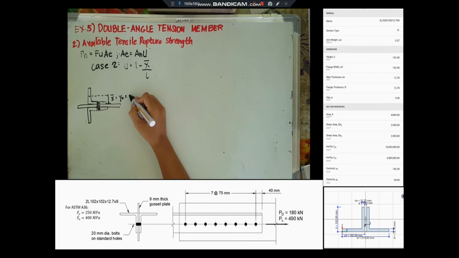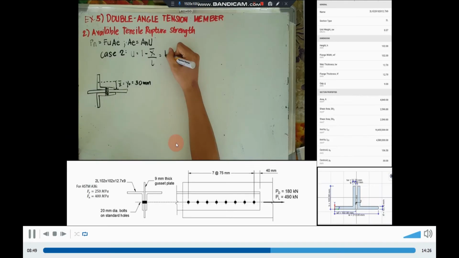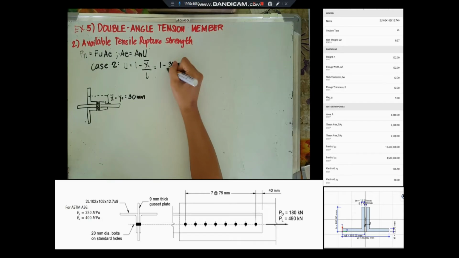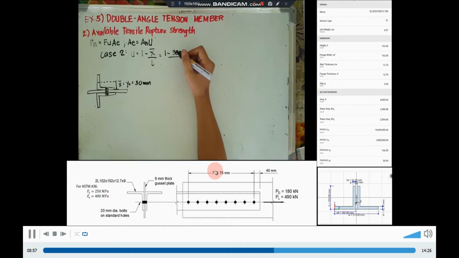So our connection eccentricity would be equal to the centroid along Y, which is 30 mm. So we just substitute. Our length of connection is 7 at 75 mm.